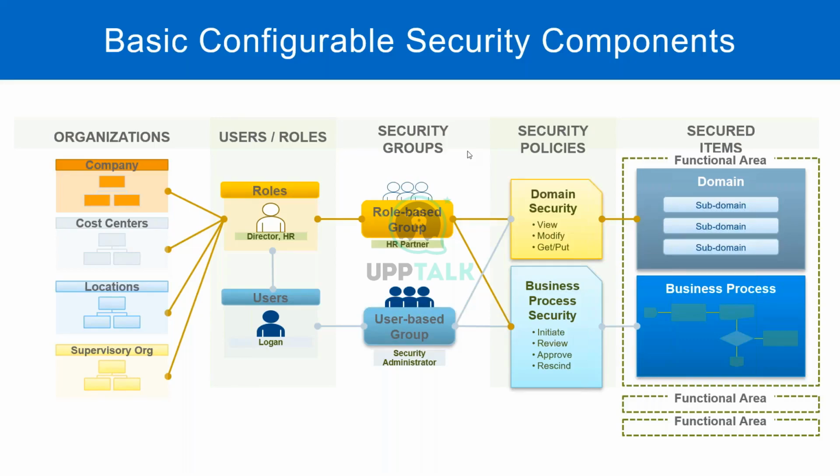And what does that talk about? What does the business process security policy talk about? Initiate, review, approve. What are you going to initiate?